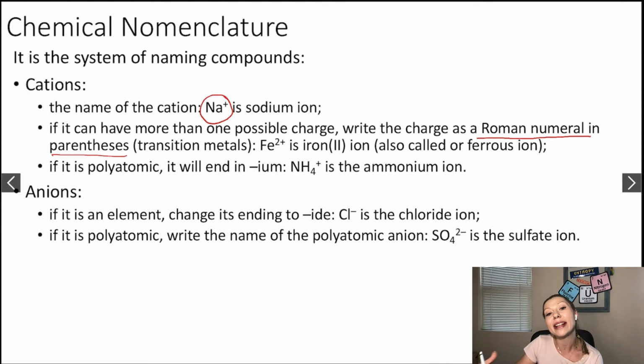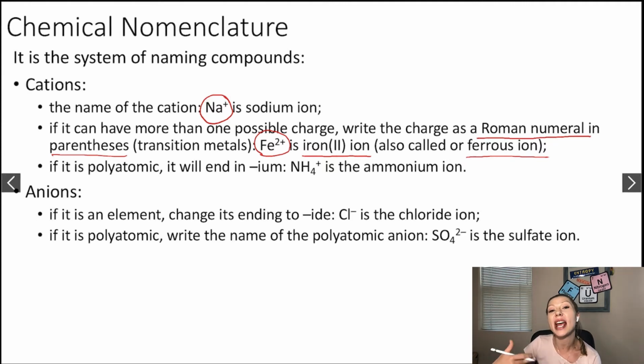So these are mainly transition metals, okay? So for example, iron is a transition metal. So when I have an iron 2+ ion, I have to show it as iron(II) ion, and it is also called the ferrous ion. Okay? All right, one more example.